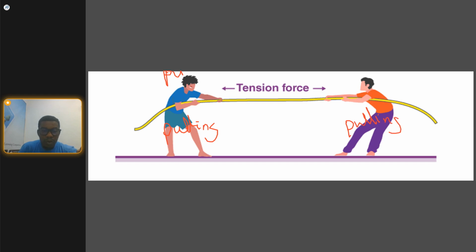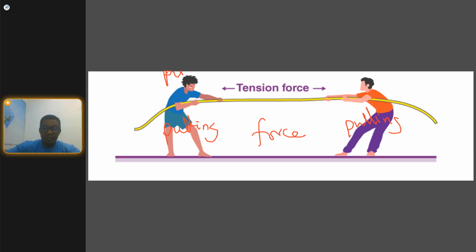So you call it a pulling force. Both individuals are trying to pull it to their own direction. And by so doing, there will be an extension in the length of the rope or in the length of that material. Are you getting it? There will be an extension because the material will be stretched. So in that process, there will be an extension in that material.